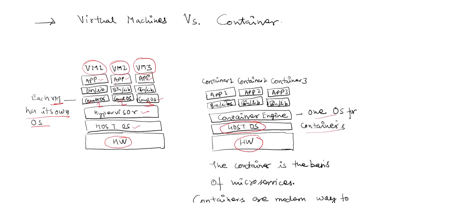Here it is one OS. Here, in the virtual machine case, there was a different guest operating system for every application, but here there is this container engine. Above that libraries are there, and above that the application is there. Then these are called container 1, container 2, container 3. So all these containers are on the same operating system. That is the difference between virtual machines and containerization.